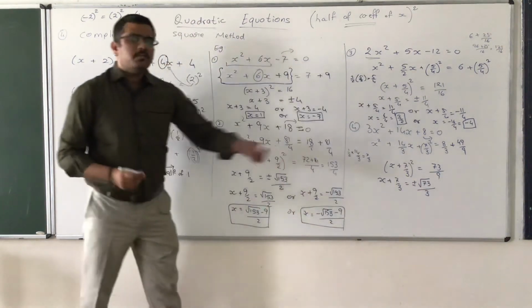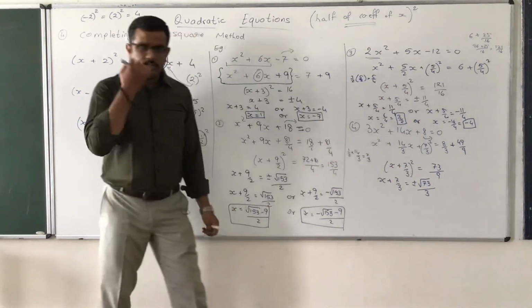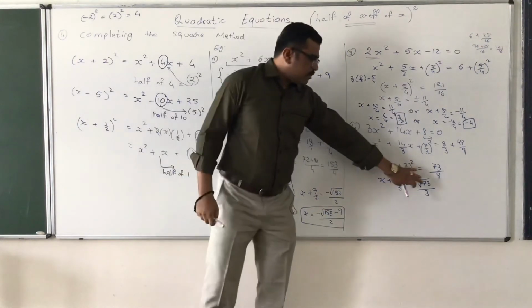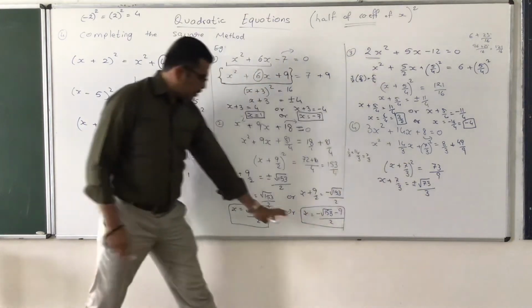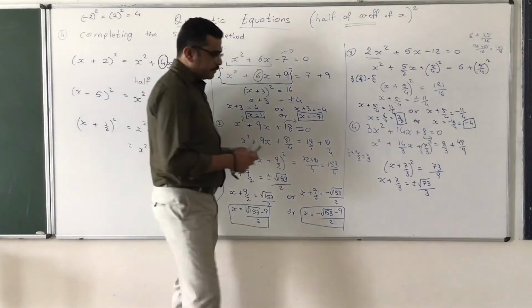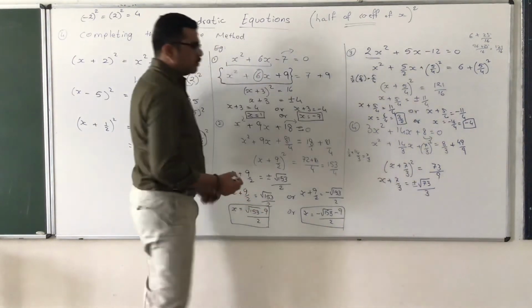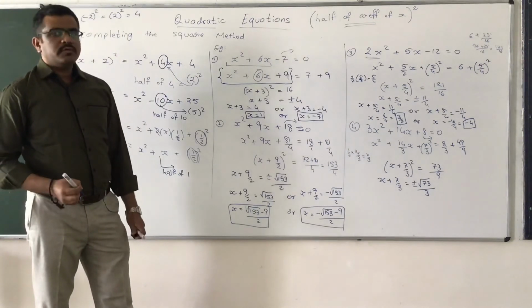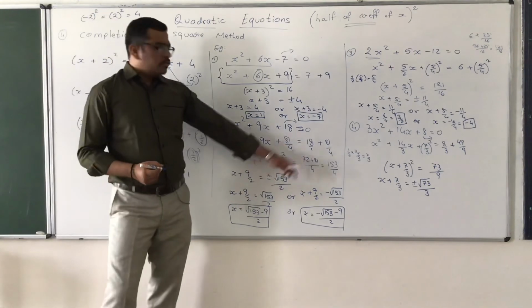Again remember, you will not always get a perfect square number like this. You may get a number which is not a perfect square, like root 73, root 153, but that's fine. The process remains the same. So now take one time positive root 73 by 3, and one time negative root 73 by 3.